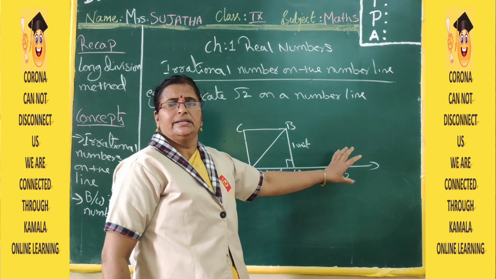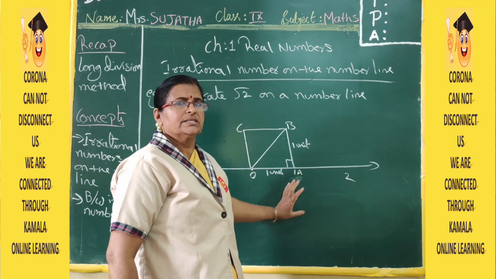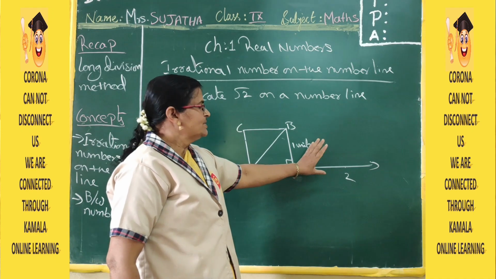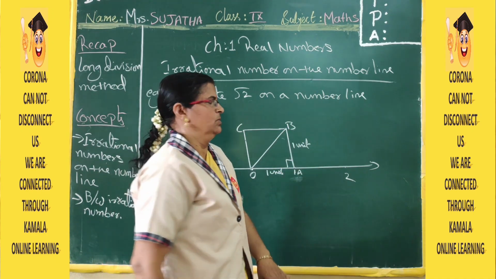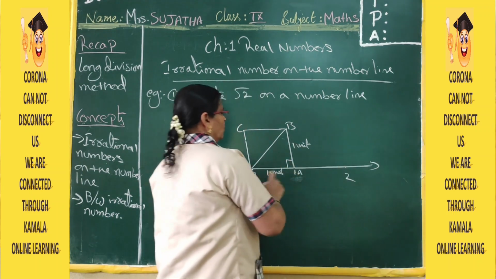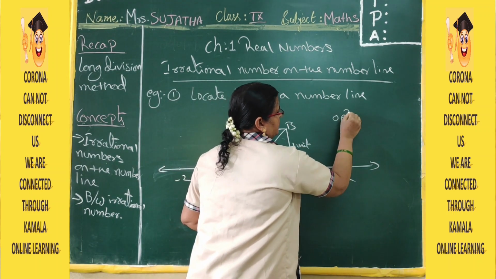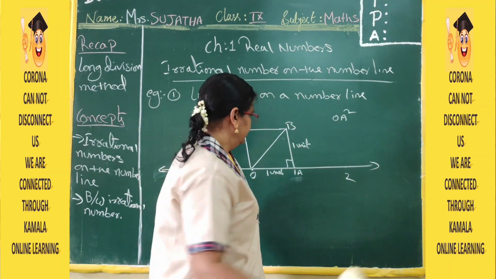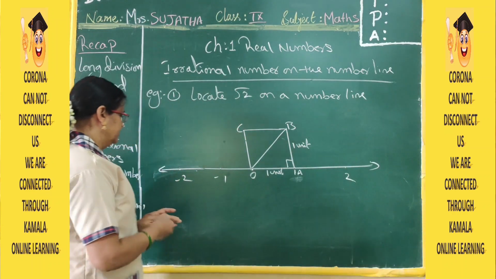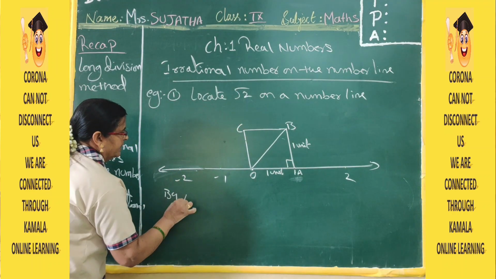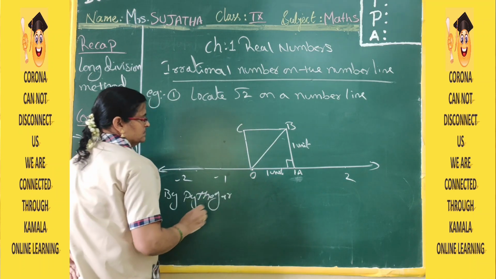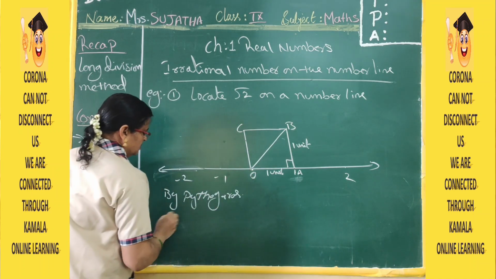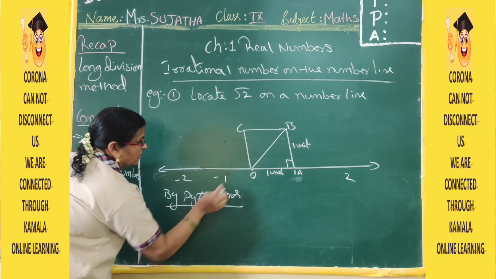So what is the Pythagoras theorem? The sum of the squares of the 2 sides is equal to the square of the hypotenuse. By Pythagoras, what will you get?